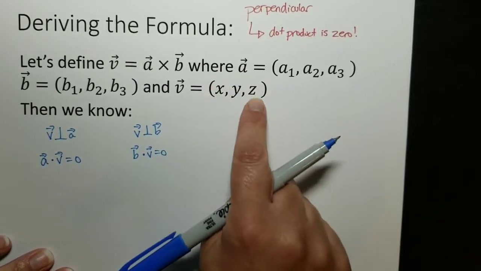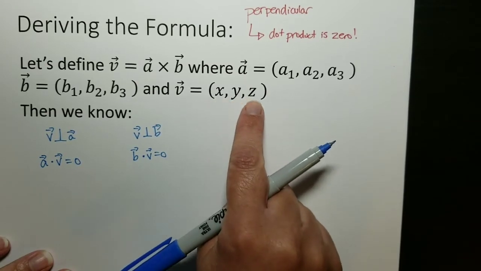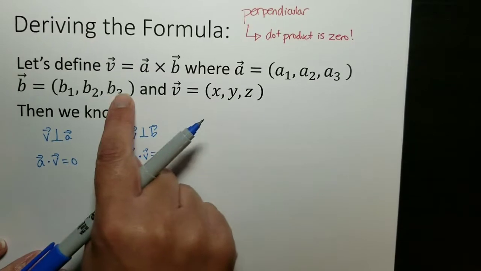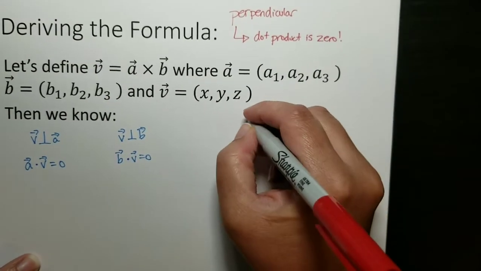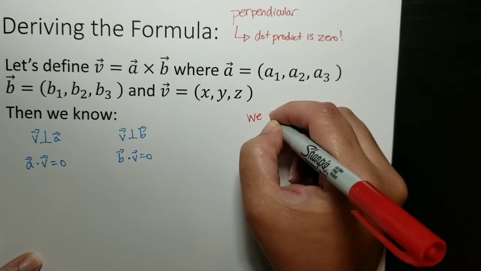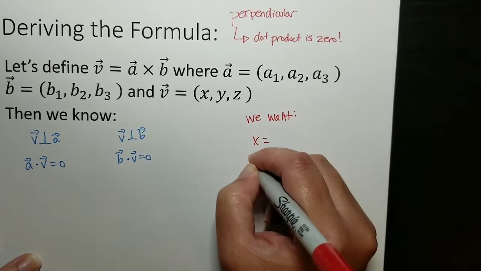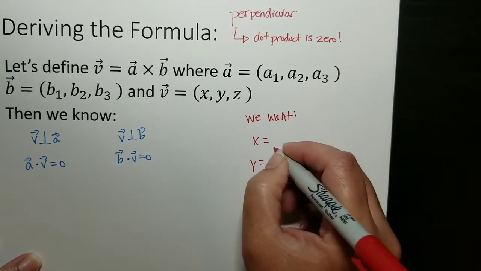So what we really want to figure out is how can we find this cross product, the X and the Y and the Z components of the cross product, given these two. So we want to end up with some kind of equation like X equals, Y equals, Z equals, because that is the cross product.